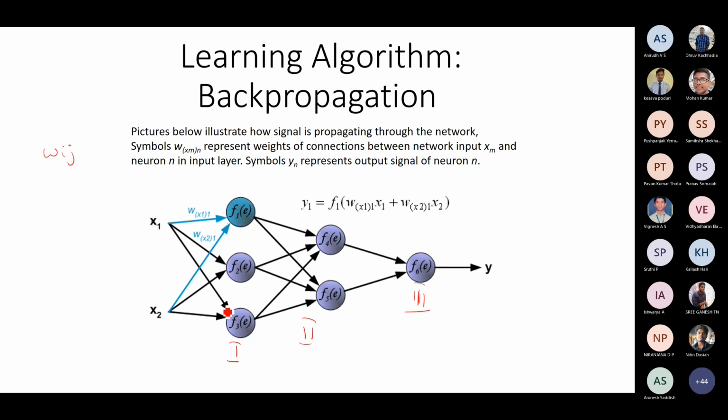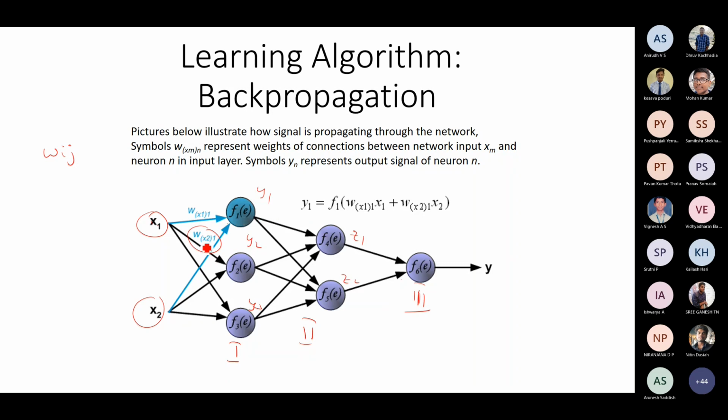So x1 is connected to all three, x2 is also connected to all three. W11 is multiplied by x1, W21 is multiplied by x2, and then you operate F1 on that, which is called Y1.